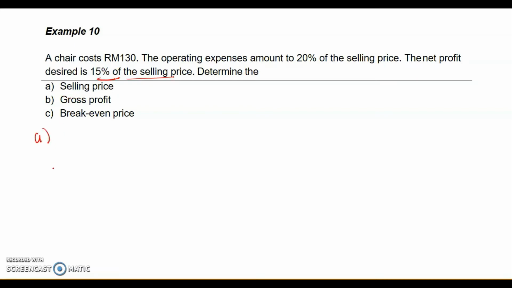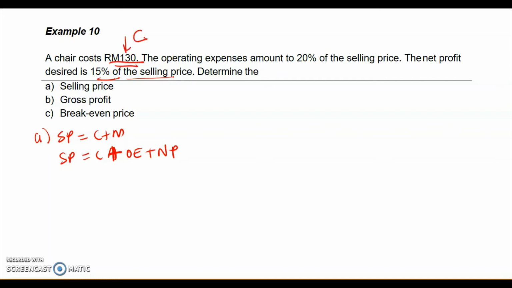Okay, so for question A, to find the selling price, we have this formula, C plus M, and also C plus OE plus NP. So which formula to use to find the selling price? So you must identify the information given in the question first. So this 130 ringgit, this is the cost of this chair.